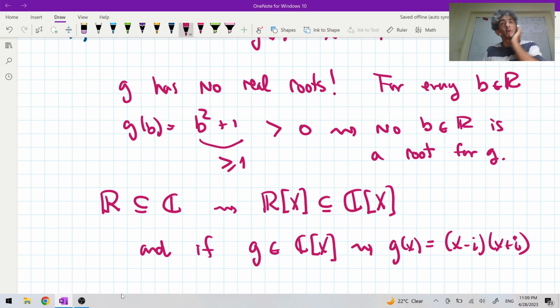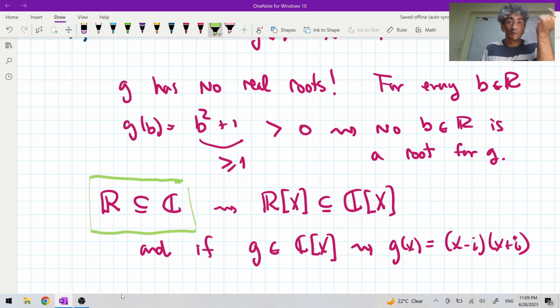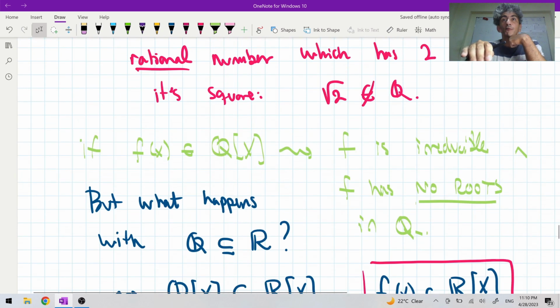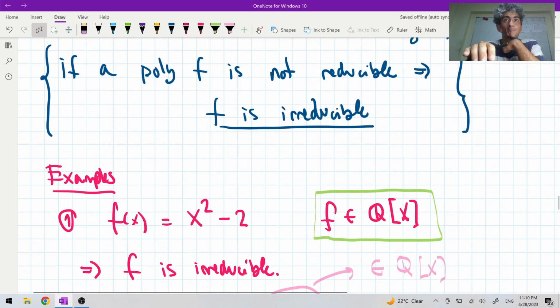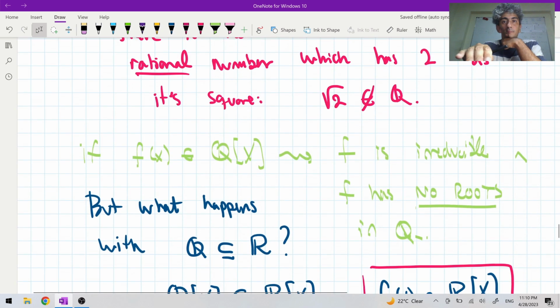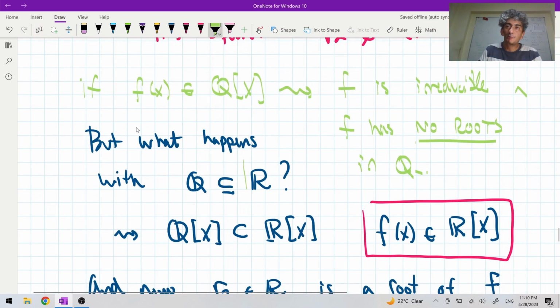So in the second case, C is a field which is larger than R that has a root for g. And what happened in the first example is pretty much the same. The real numbers are a field that contains Q and they allow a root for f.